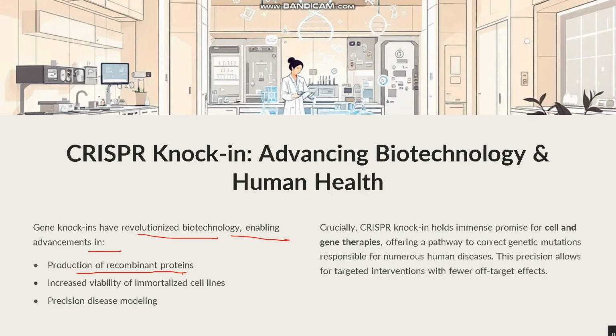So we produce recombinant proteins like insulin by using the CRISPR-Cas9 system with gene knock-ins. And it is also used to increase the viability of immortalized cell lines.